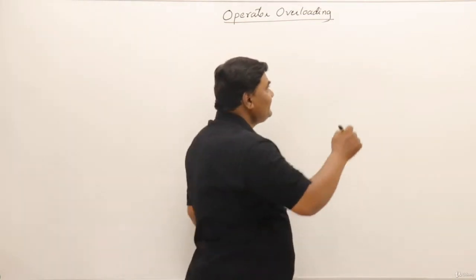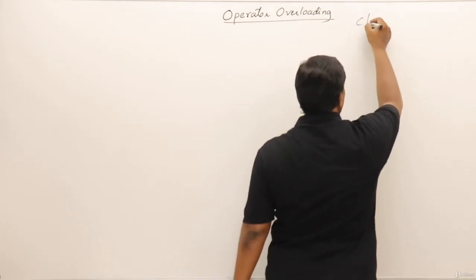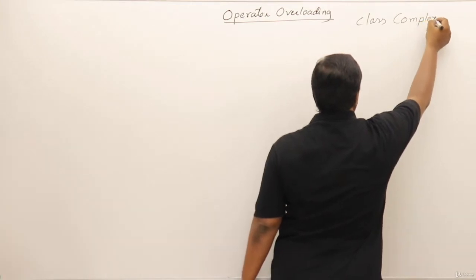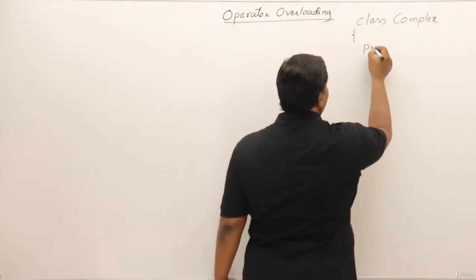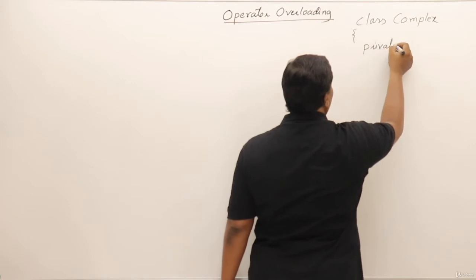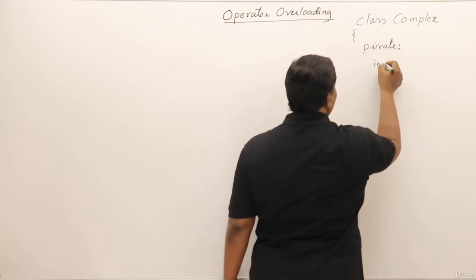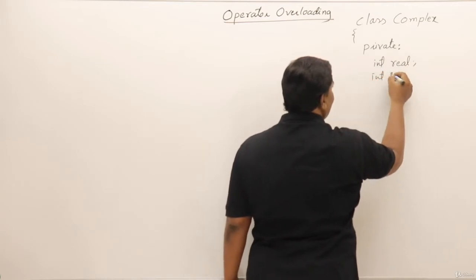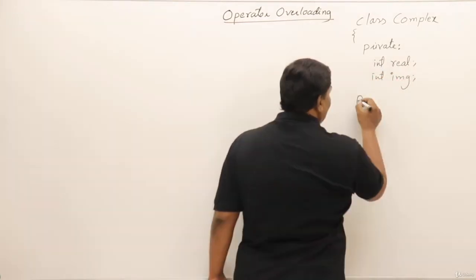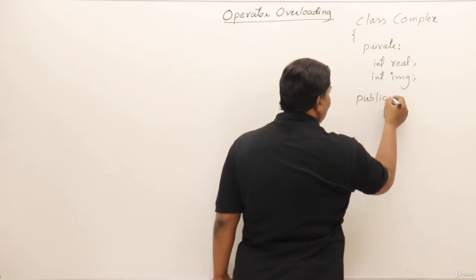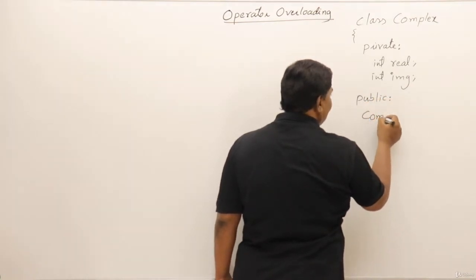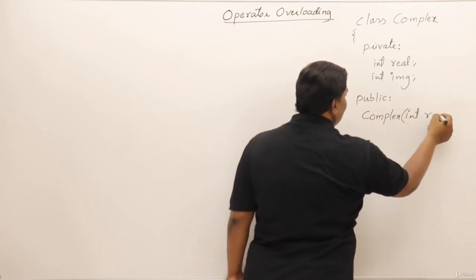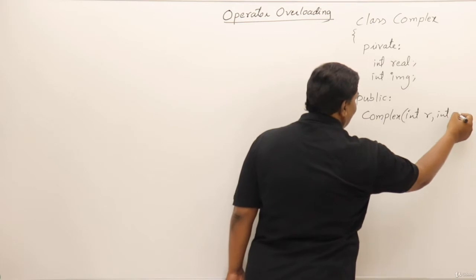So here I write a class for complex numbers, class complex, private members. I'll take real and imaginary as members. Then in public, first of all, I will write a constructor that is complex, which will take two arguments, real and imaginary.